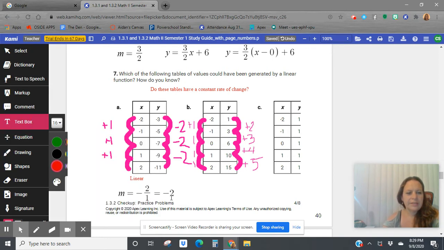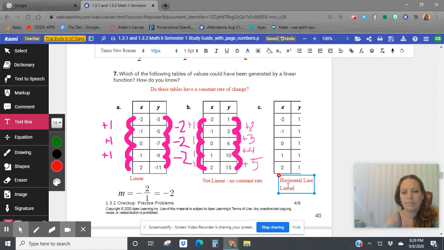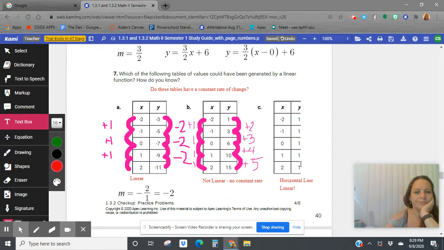So in this case, this one is not linear, no constant rate. And finally, this one goes from 1 to 1, from 1 to 1, from 1 to 1. In fact, when you have the same y value for all these x values, you have a horizontal line. So it is linear.